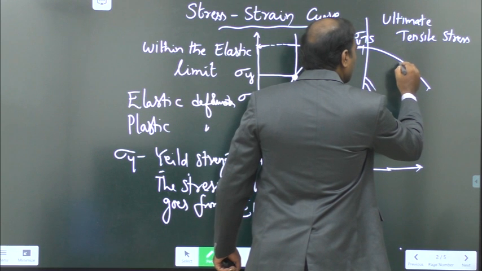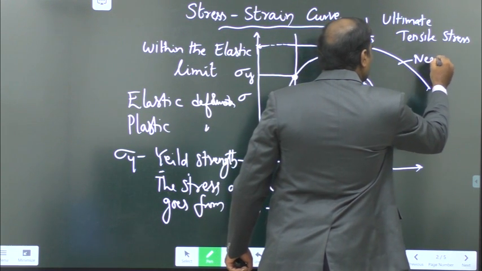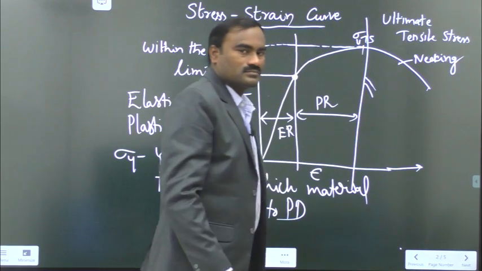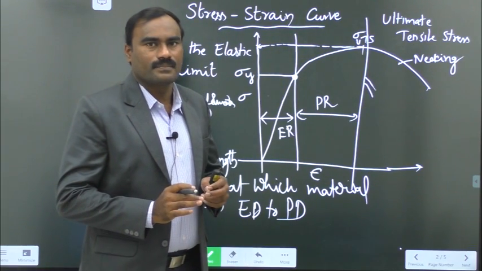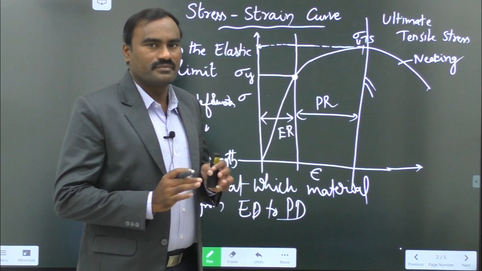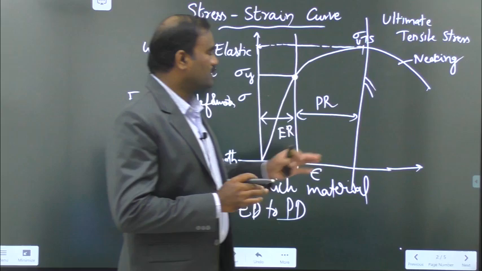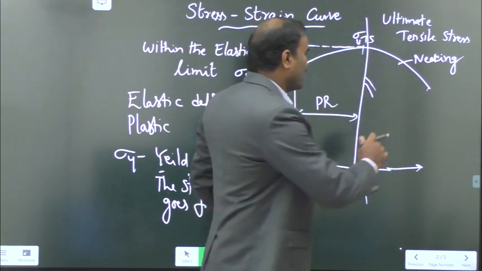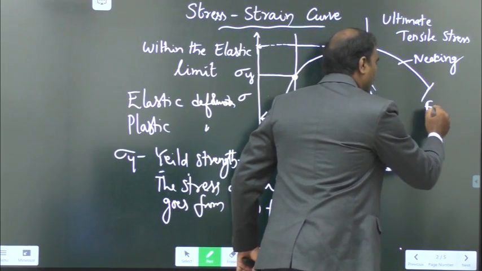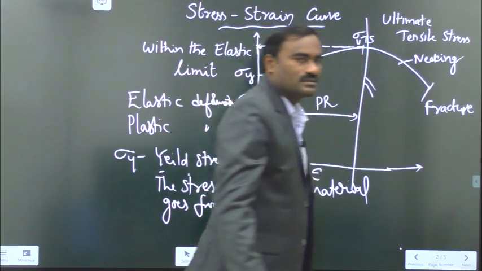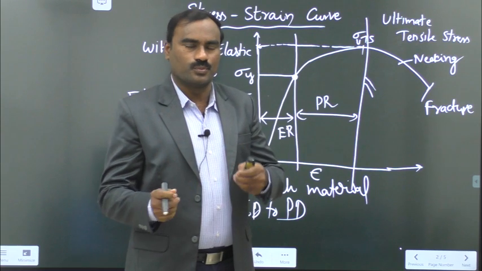This process is called necking. Necking is the point where more plastic deformation occurs. Finally, fracture occurs, which means the material breaks into two pieces.